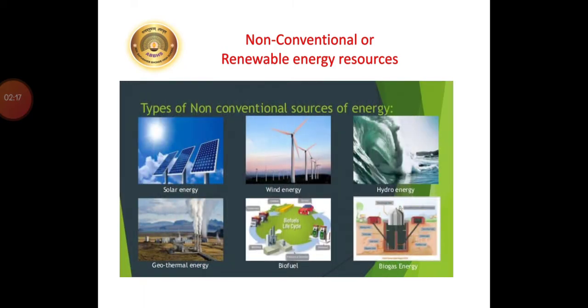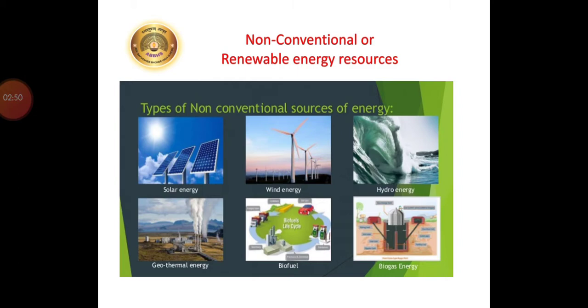The energy resources which are not used regularly, which are inexhaustible and continuous and can be used in various forms again and again, are non-conventional energy resources. Due to the increasing population and increasing usage of energy resources, there is a danger that the limited reserves of coal, petrol, diesel, crude oil and natural gas will get exhausted.